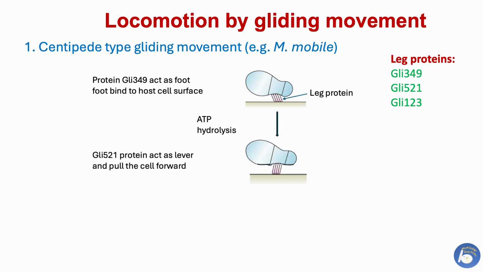Then, using energy from ATP hydrolysis, the protein Gli521 acts as a lever and pulls the cell forward. After that, the foot releases the surface so it can reach forward and bind again. This movement is like a centipede, where hundreds of tiny legs work in a coordinated cycle to pull the cell along.